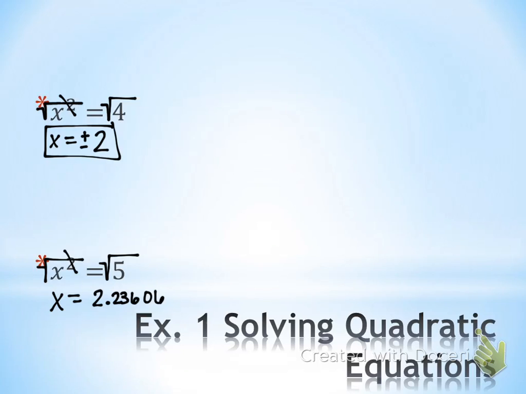But if I only want to round to the nearest hundredth, that is this 3 right here, so I look behind it. All right, 6 is 5 or greater, so I know that my answer is going to be 2.24. And that's what x equals. x equals 2.24. Okay?